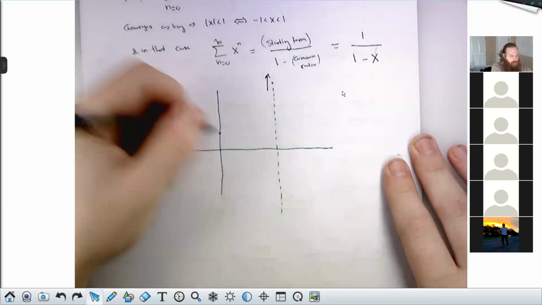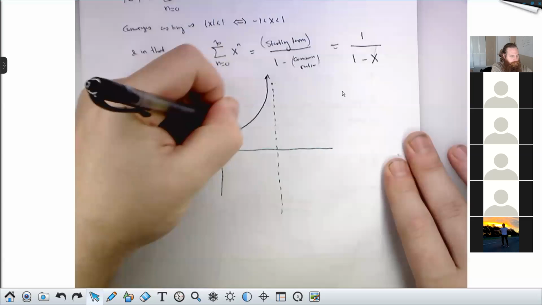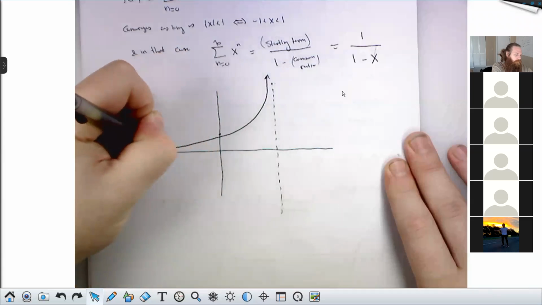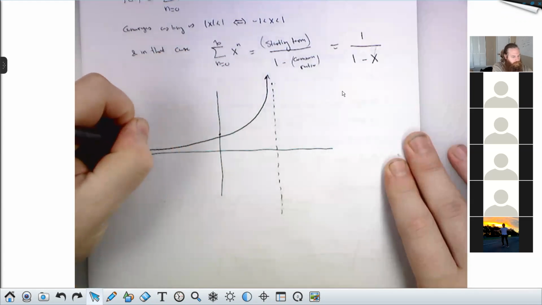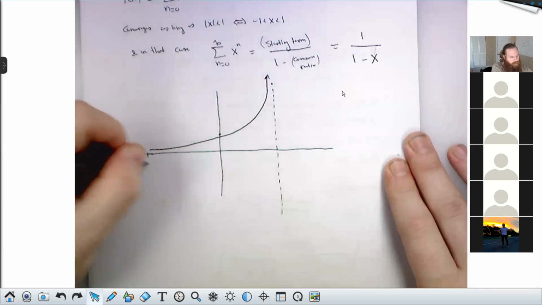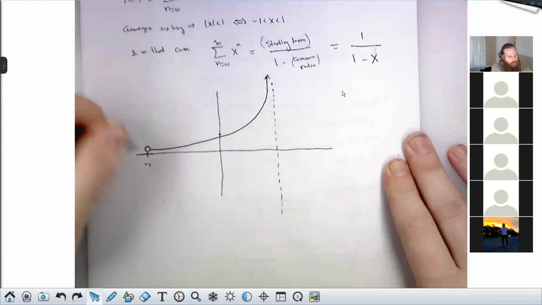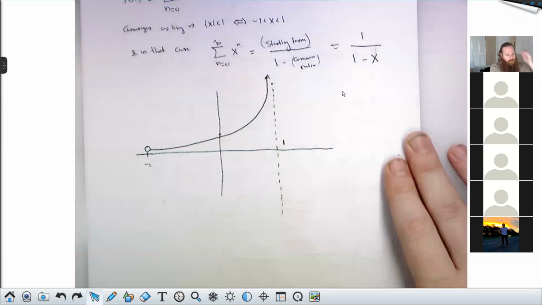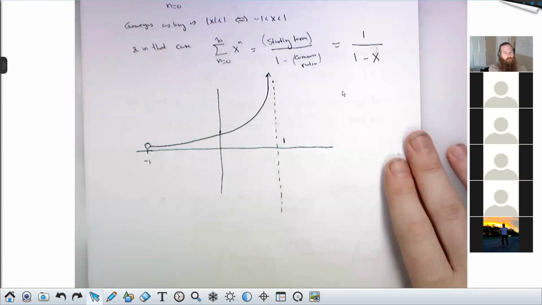It's like this. If this is -1 and this is +1, then this is the graph of f of x.